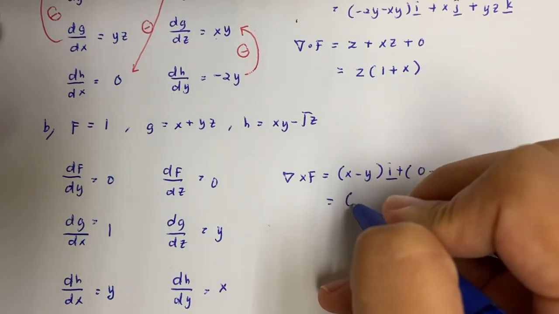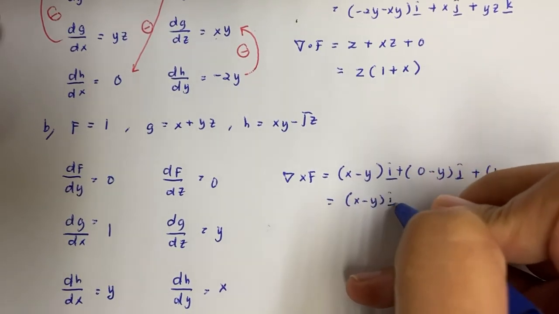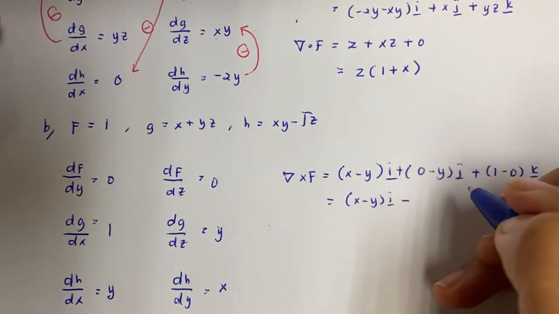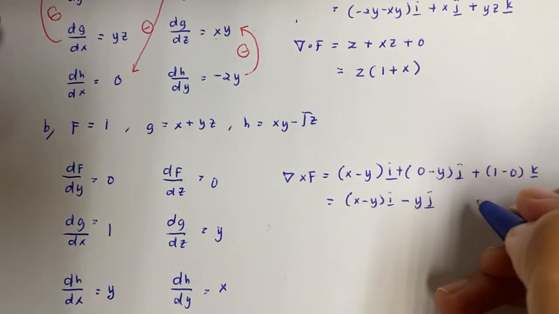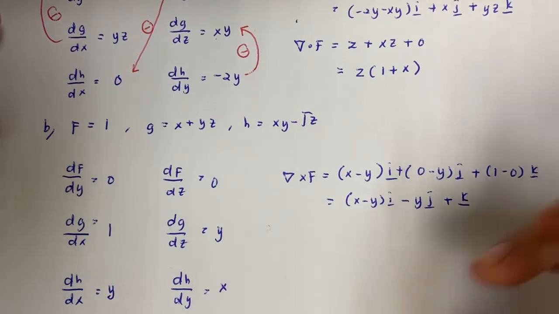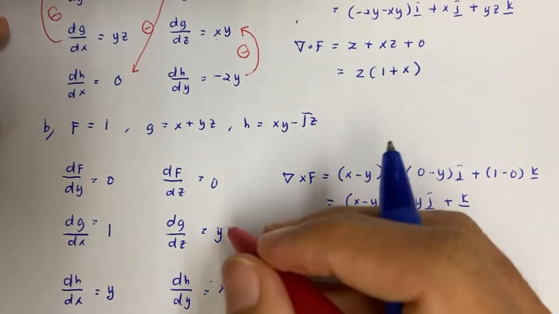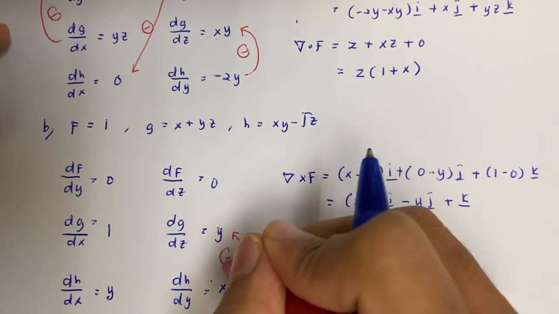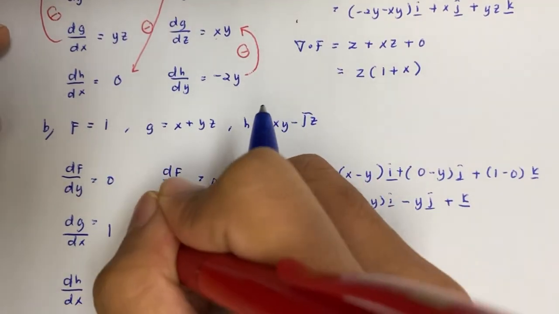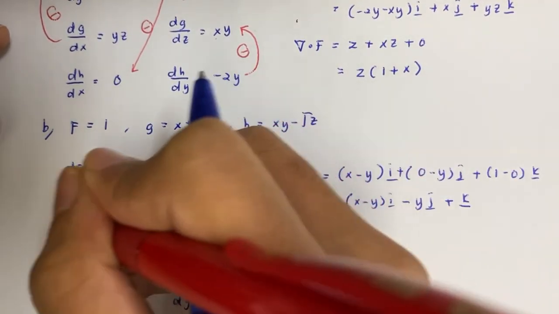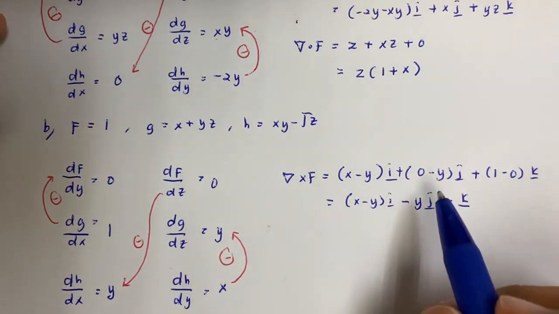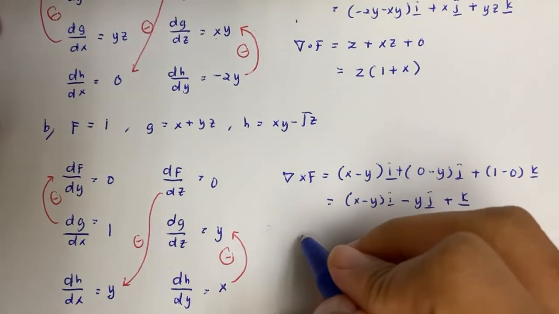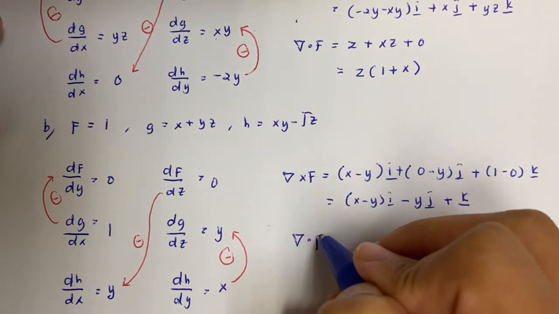So the final answer is x minus y i plus minus y j plus k. Do not forget your ijk for curl. But for divergence, you don't have any k.